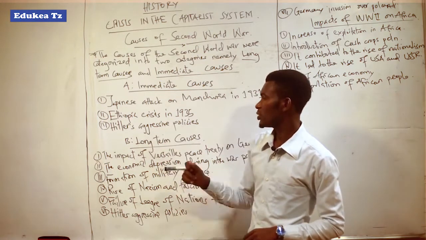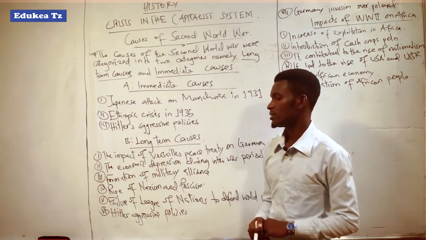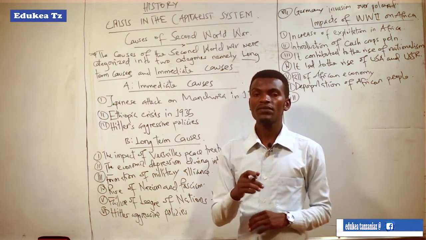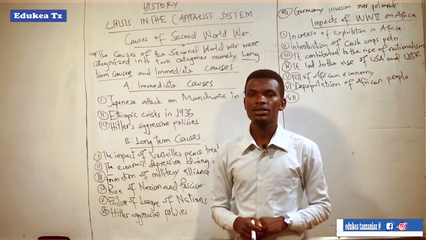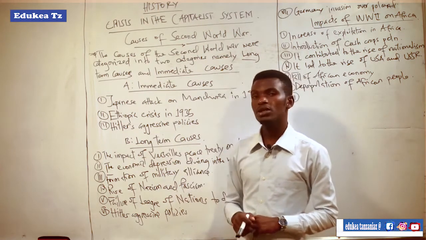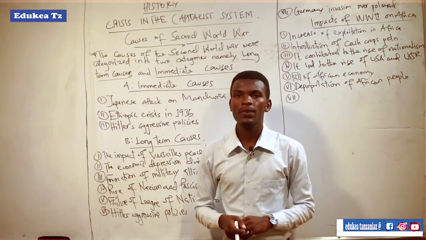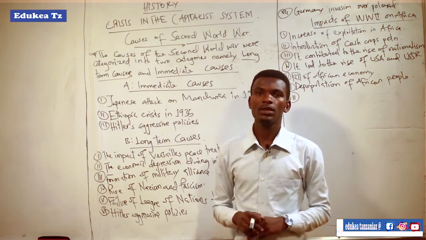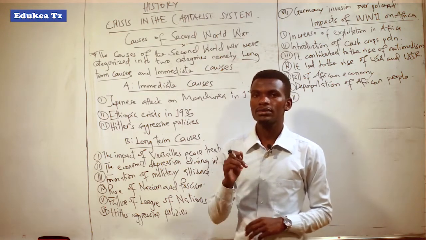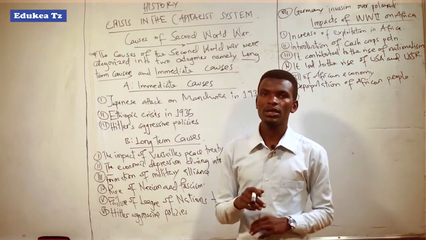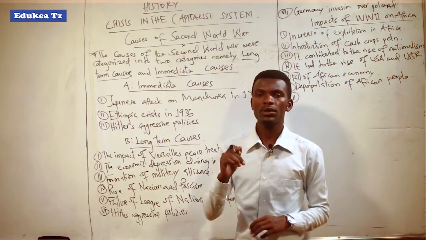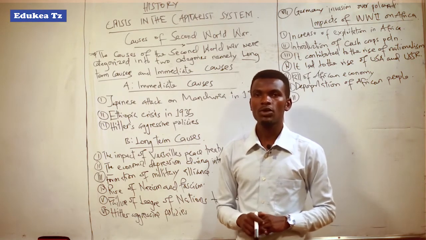And the last immediate cause was Hitler's aggressive policies. It means that Adolf Hitler, as the dictator in Germany under the Nazi Party, came up with aggressive policies, and that dictator was against the Versailles Peace Treaty, which suspected that Germany was the main cause of the First World War, so had to pay war reparations and to lose her colonies.